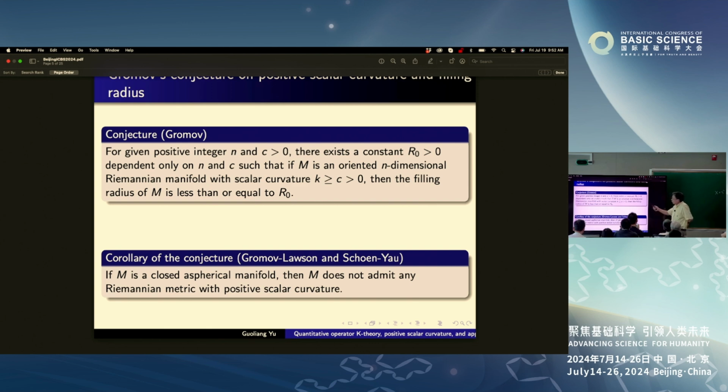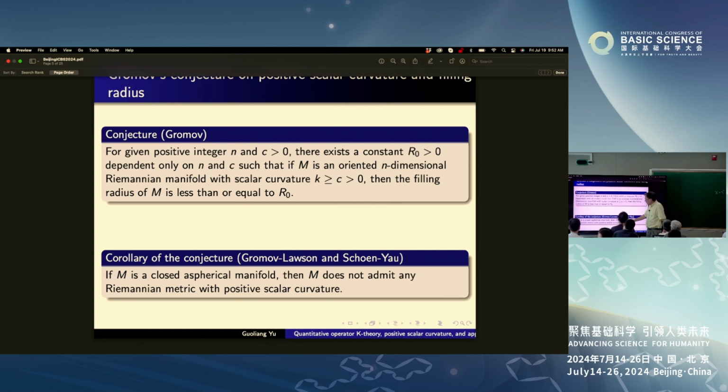If true, it implies the conjecture of Gromov, Lawson, and Zhizhang Xie: if you have a closed aspherical manifold, then you cannot have any Riemannian metric with positive scalar curvature.